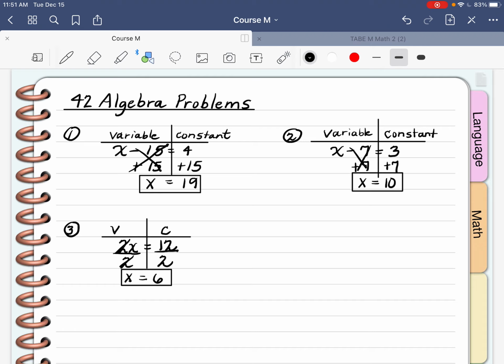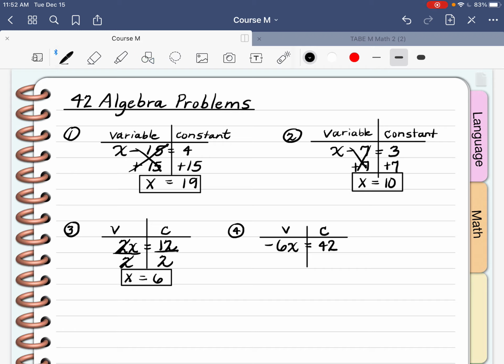Number 4. I have negative 6x equals 42. This is another one-step multiplication problem.